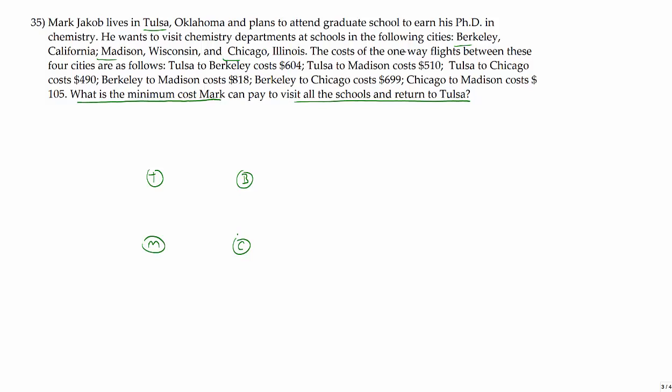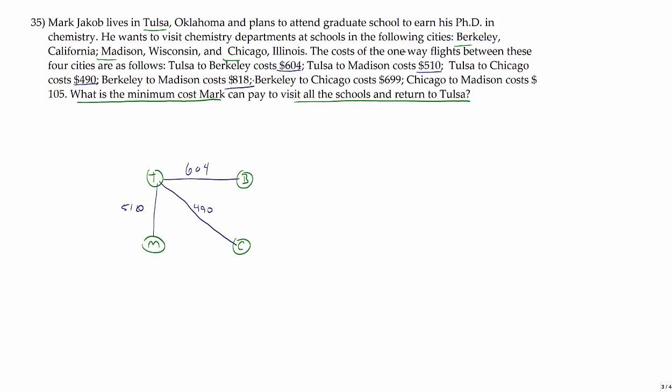So now let me put the weights on the edges. Okay, so let's see, he visits chemistry. Tulsa to Berkeley costs $604. And then Tulsa to Madison is going to cost $510. We have Tulsa to Chicago, which will be $490.